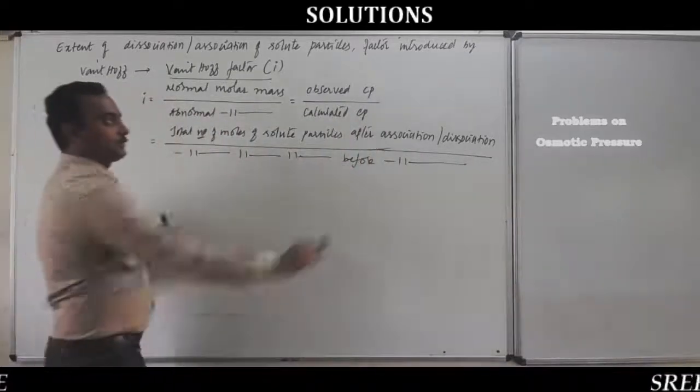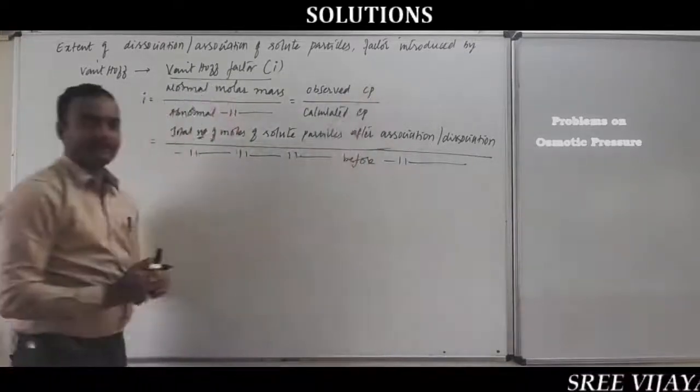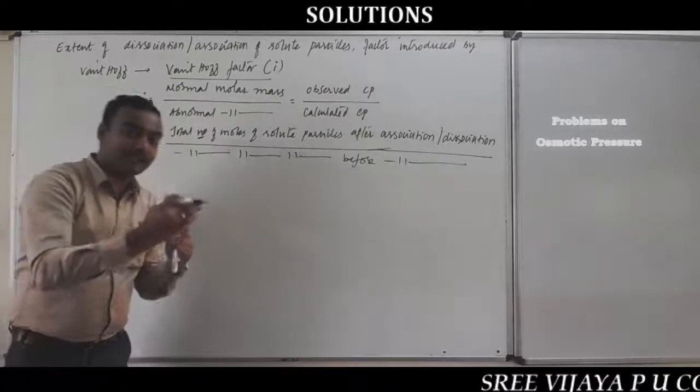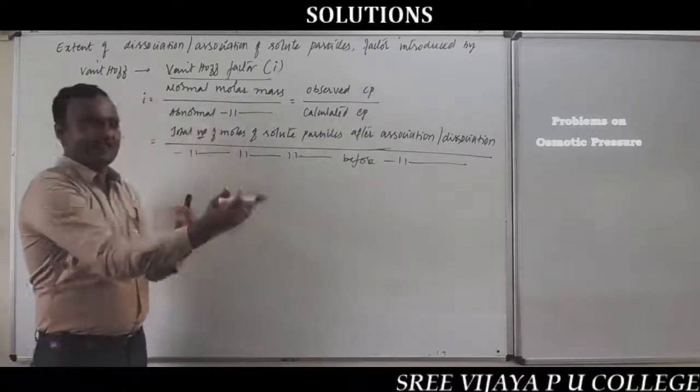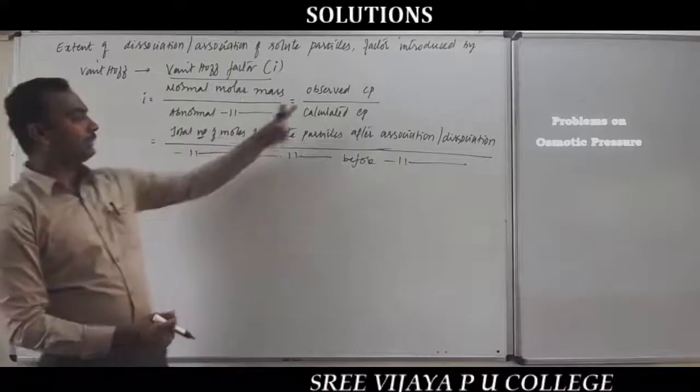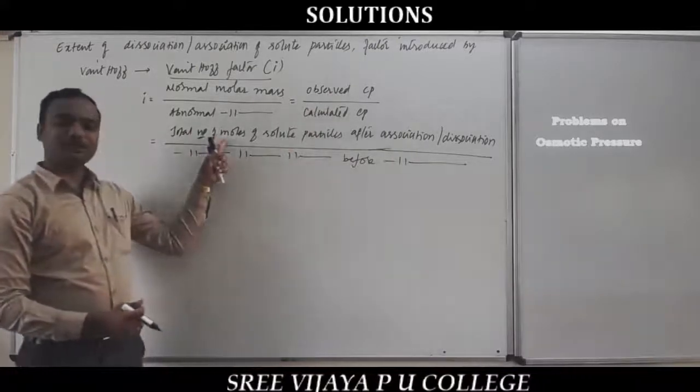See how it is in the observed colligative property. Observed colligative property ಅಂದ್ರೆ ಅದು ಬರೋದು ಯಾವಾಗ ಅಂದ್ರೆ after dissociation or association. ಅದನ್ನ ಹೇಳ್ತಾರೆ. Again, colligative property mainly depends on the number of solute particles.